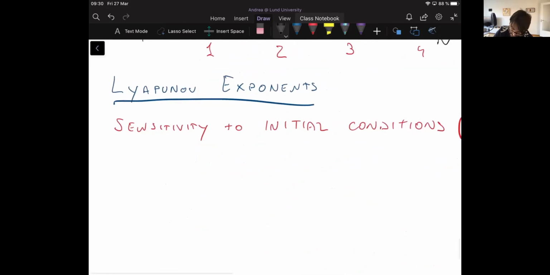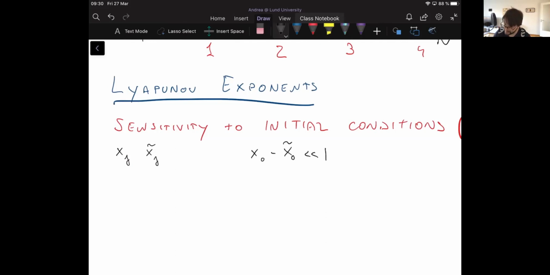So we have 2 points, x of j and x of j tilde, that are extremely close by at the starting point. So we have x0 minus x0 tilde. At the starting point, I start with 2 different points, and this difference is much smaller than 1. So if the maximum value x0 can have is 1, x0 minus x0 tilde is very, very much smaller than 1 in a mathematical sense.